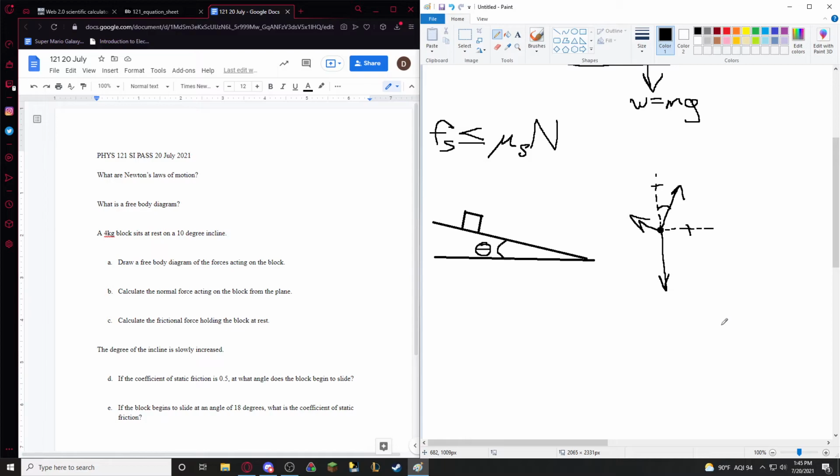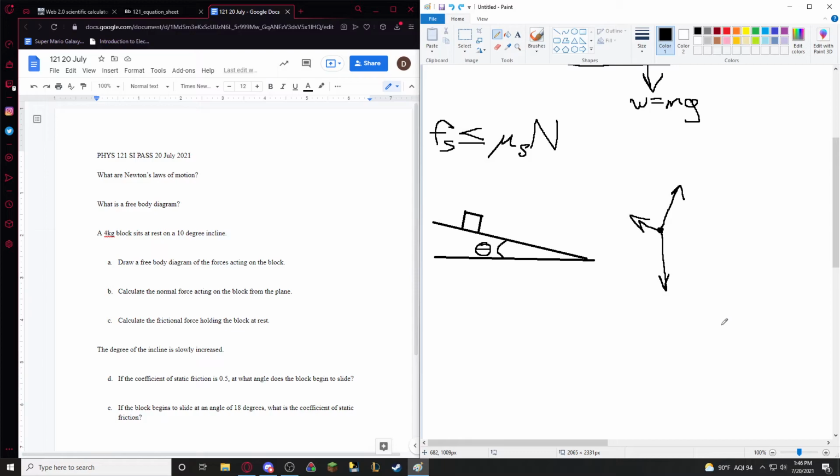Well, I'm going to sort of stop you here, and we're going to backtrack a step or two, because the way you're doing it here, using actual x and y axes, you're breaking the normal force into x and y components, and you would also have to break the frictional force into x and y components. It's going to be a lot more work and a lot more annoying to calculate the normal and friction forces.